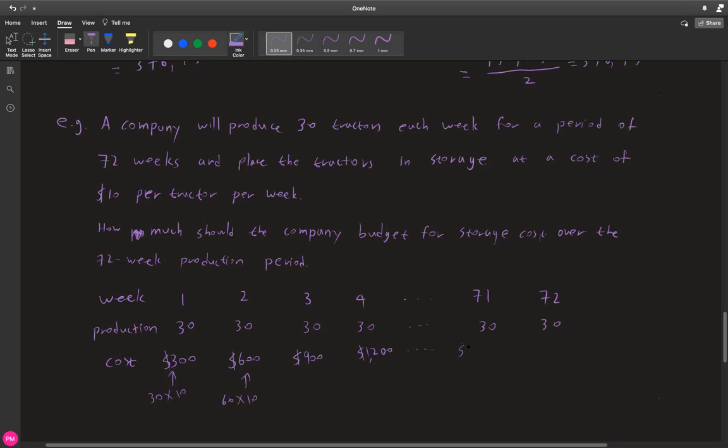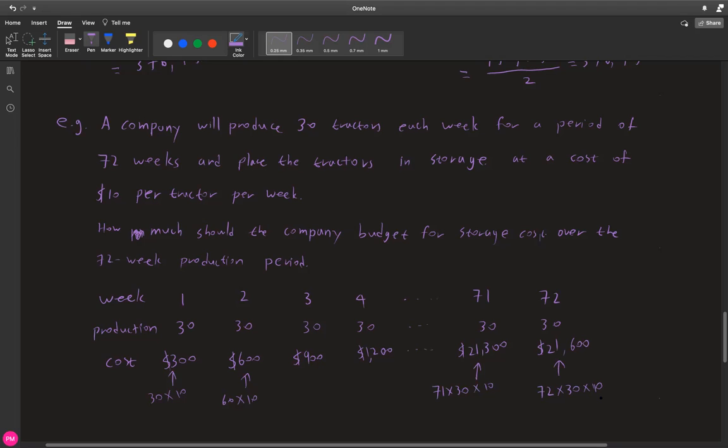You actually have $21,300, and the 72nd week you have $21,600. And this number is simply found by multiplying 71 by 30 by $10. And same as this, you're finding this by multiplying 72 by 30 by 10.